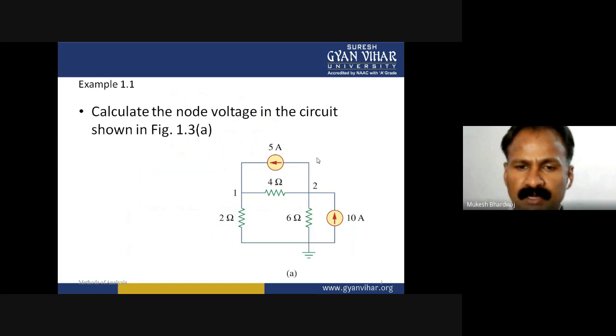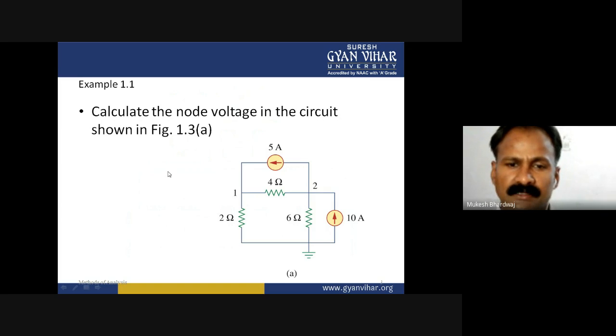Now apply the nodal analysis at the second junction and the first junction. Suppose the current of 10 ampere is coming towards this. Apply the nodal on junction 2: V2 minus V1 upon 4, V2 minus 0 upon 6 plus 5 equals 10.